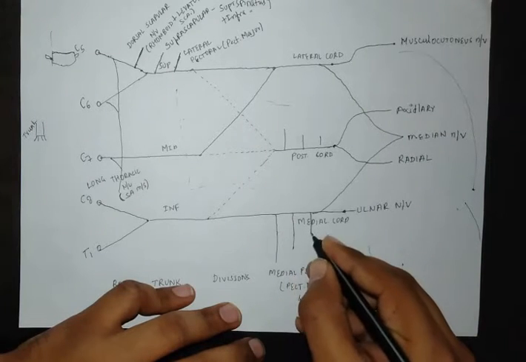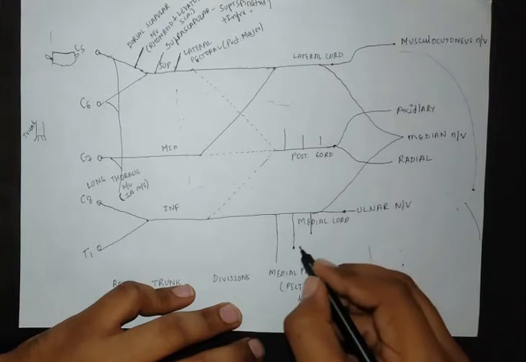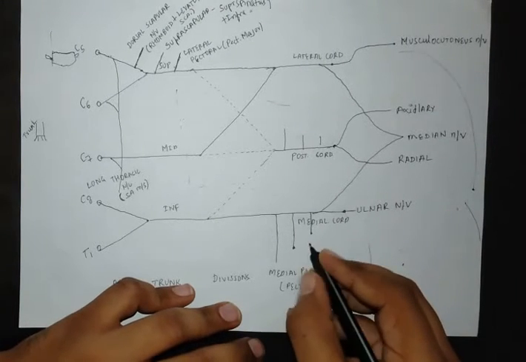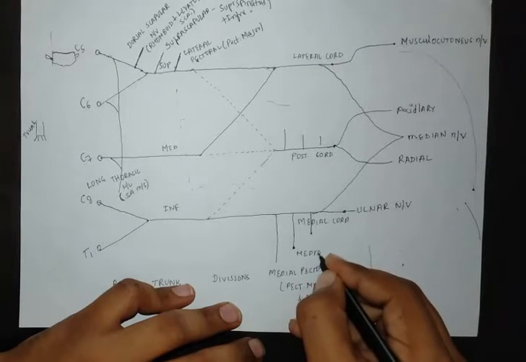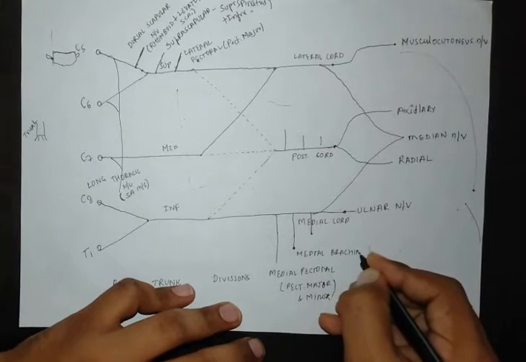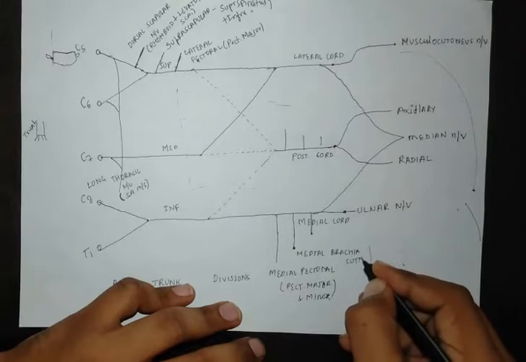Now there are other two nerves. Again, being the brachial plexus, here we are talking about the sensory supply. So the first nerve that comes is medial brachial cutaneous.